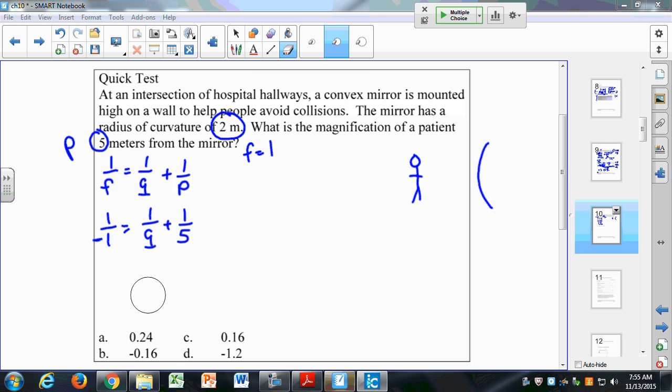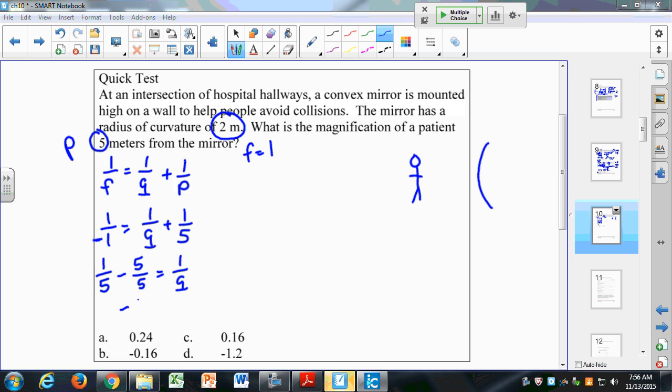So let's start back here. So I have 1/5 minus 1, minus 5/5 equals 1 over q. So that's negative 4/5 equals 1 over q. So q is negative 5/4, or negative 1.25 meters. All right, so now if I want to know my magnification is negative q, it's negative 5/4, divided by p, which is 5.